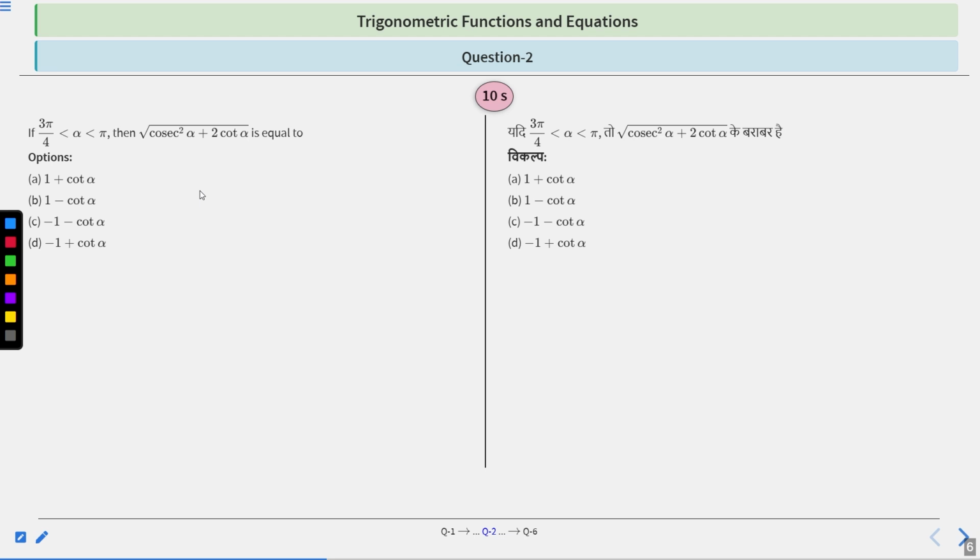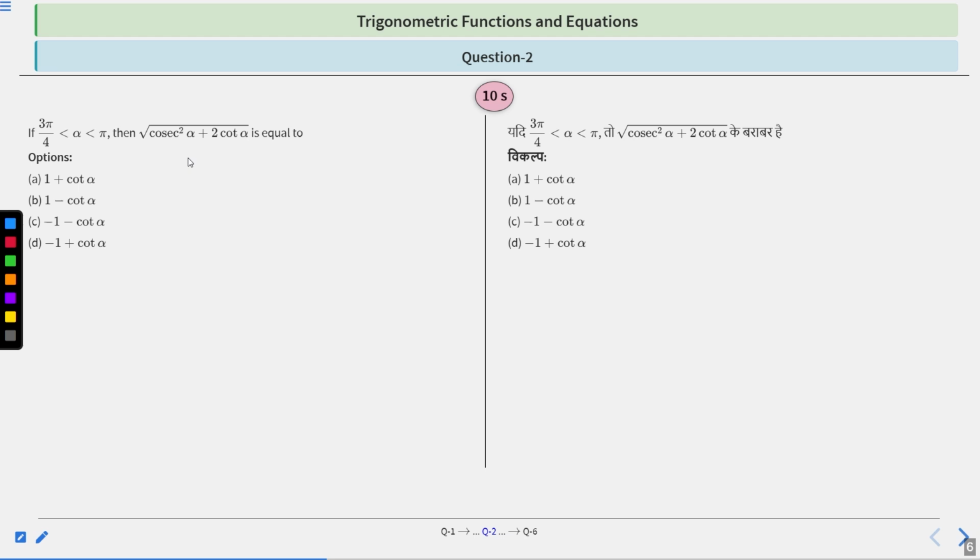So again, how will we approach this question? First, you will try to convert this cosec square alpha into 1 plus cot square alpha, right?